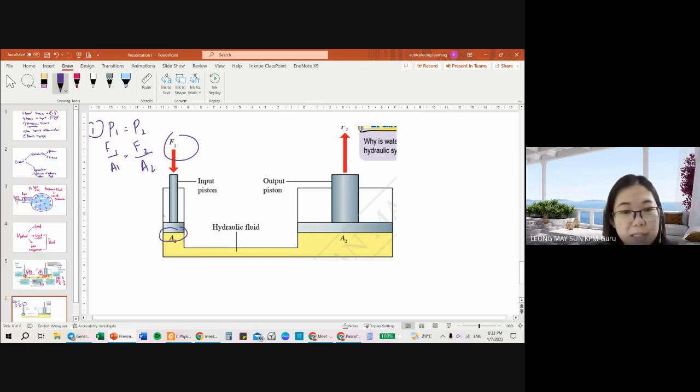Fully enclosed means, let's just say the total volume of the fluid is 100 liters, for example. If I take the force F1 pressing down at A1, and the volume that went down on the first piston is 10 liters. Question, where did the 10 liters go? Try to answer me in the chat box. Where did this 10 liters go to?